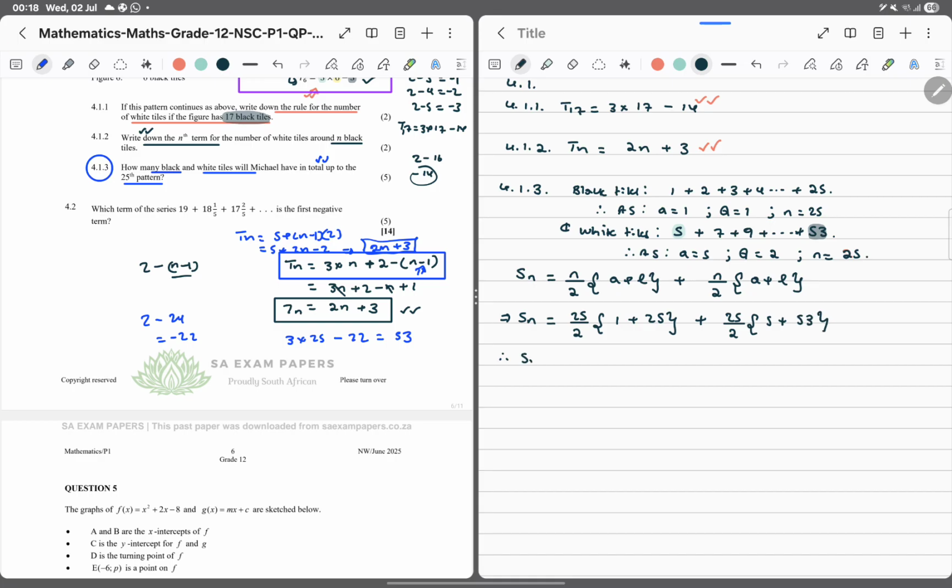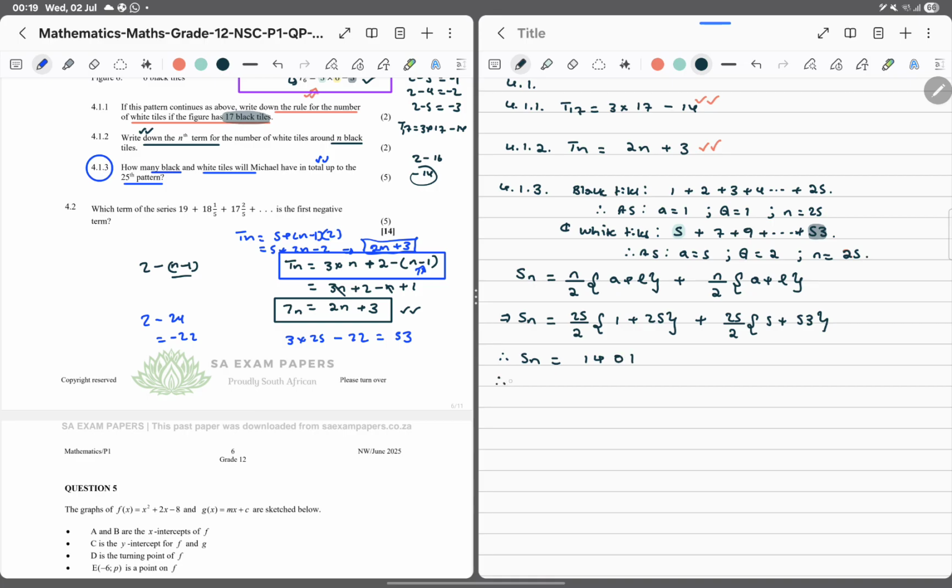Right, therefore Sn is going to be, so this is basically now 25 divided by 2 into 1 plus 25 plus 25 over 2 into 5 plus 53. So I'm getting 1401.